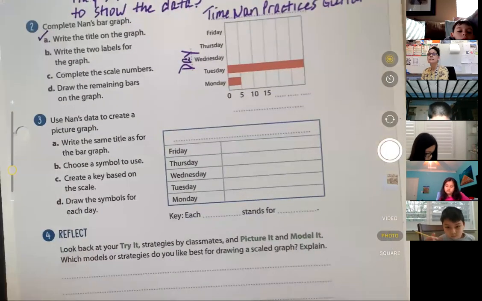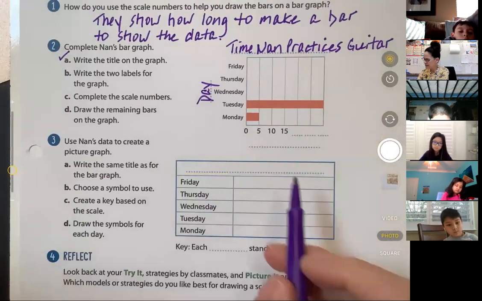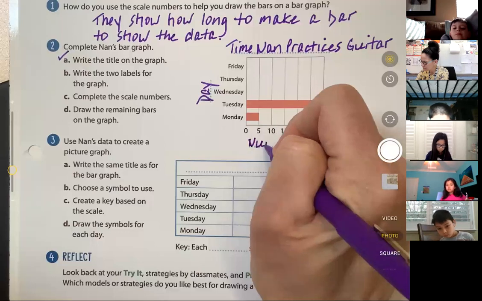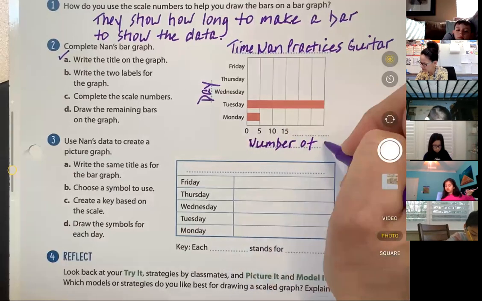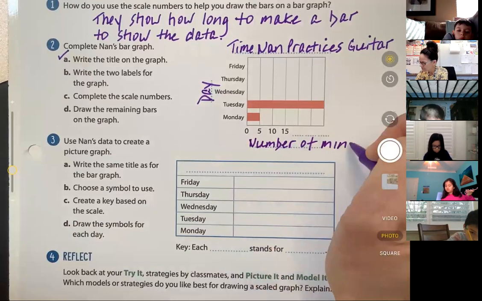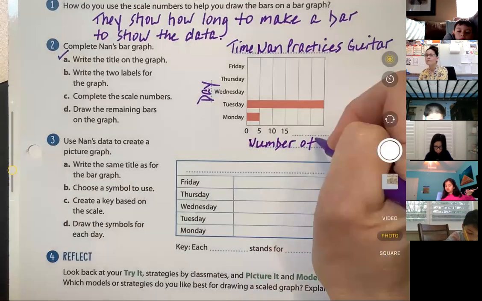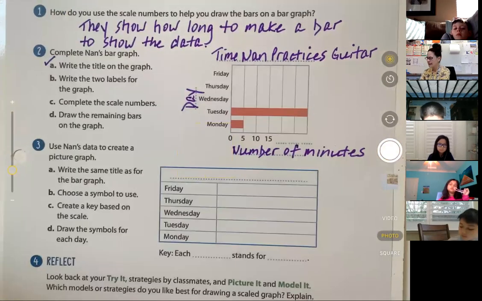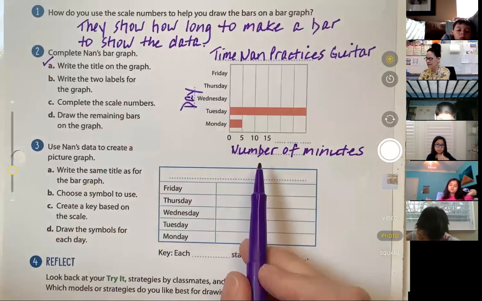And then down at the bottom, it says number of minutes. Those are my labels. The day and the number of minutes. Awesome. All done with that.